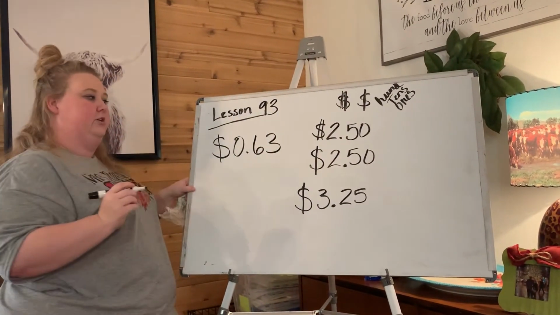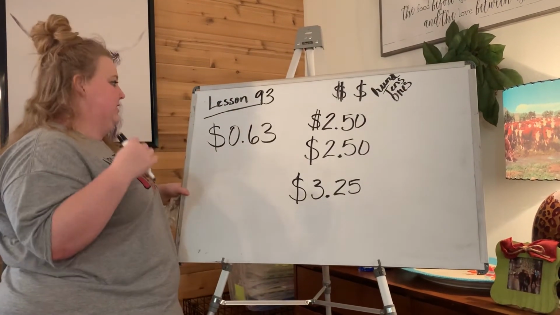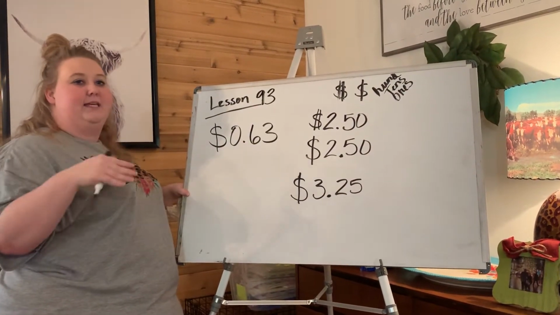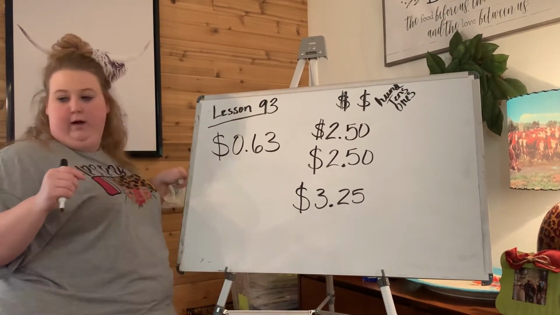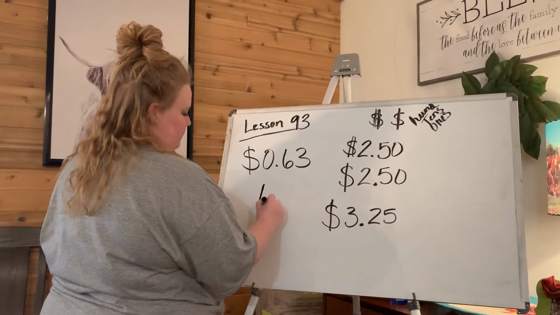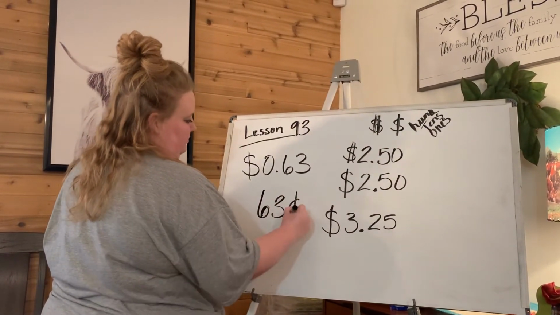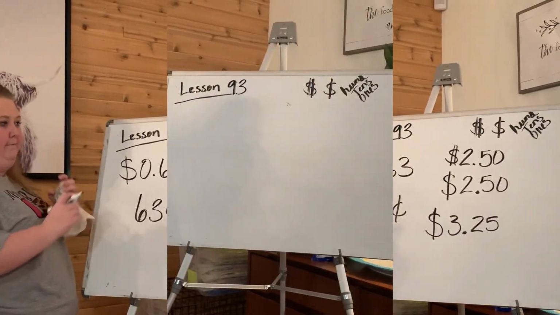So if it asks you to write your answer and you only have 63 cents or 75 cents and it says using a dollar sign, this is how you would write this one. It's the same as doing this. Same thing. Just a different way to write it, okay?